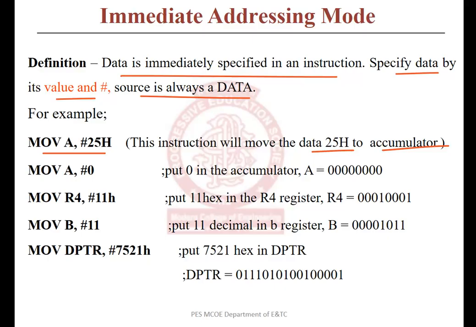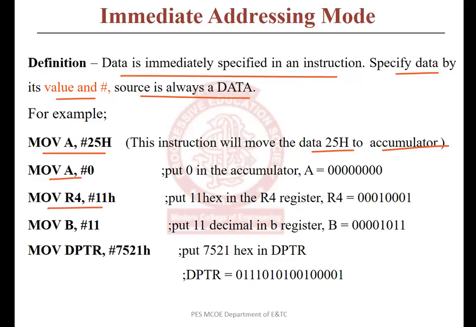Then next instruction is MOV A, #0. So 0 is moved or stored into the accumulator. Then MOV R4, #11h. So 11h is the value that has to be stored into the R4 register. We know there are 4 banks for 8051 and for each bank 8 registers are there, R0 to R7.